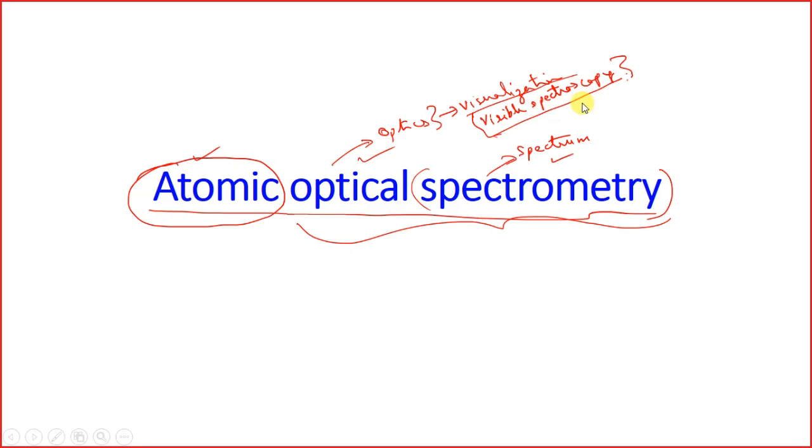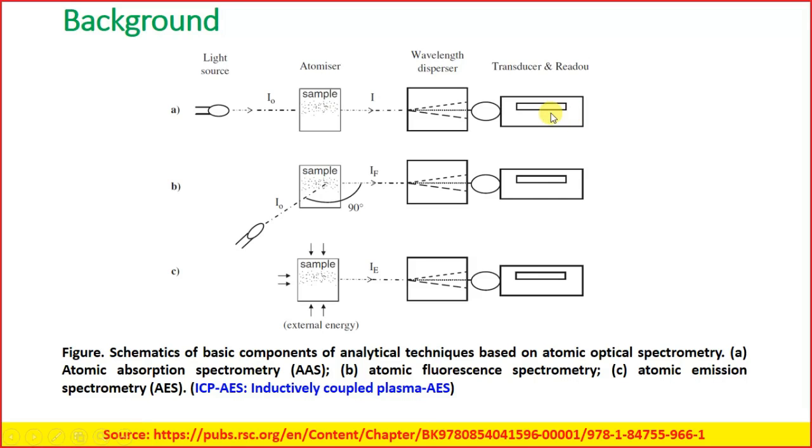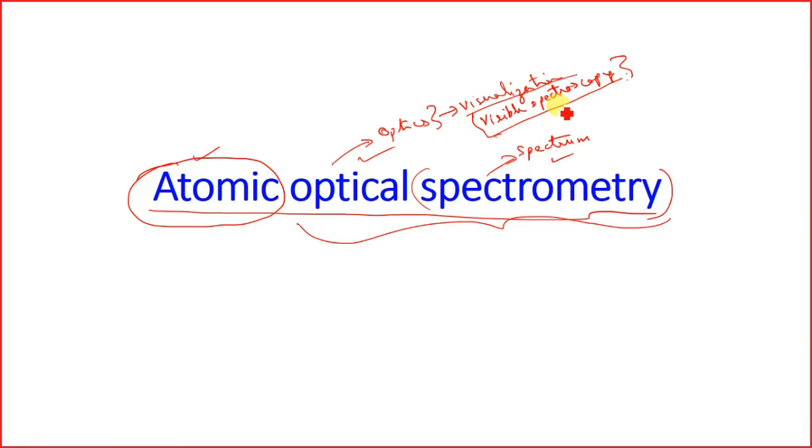In visible spectrometry, we are basically interested in the electronic transition. So the electrons within the molecules were being excited, and while they were coming back to the ground state, they were emitting the photons.